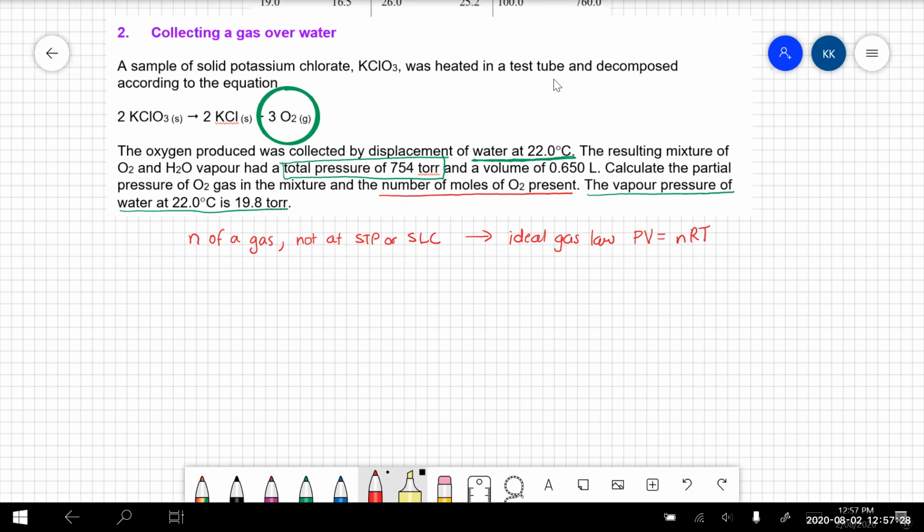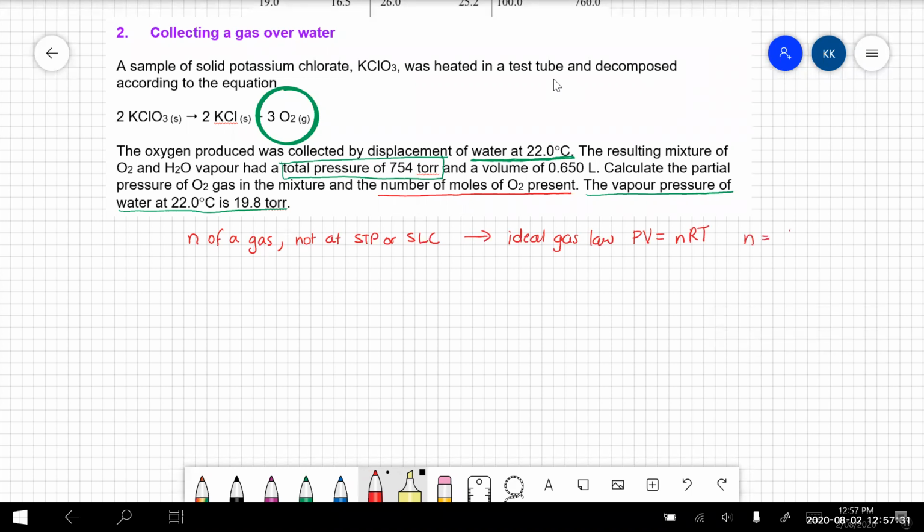Now, number of moles is what we're after. So we want moles is equal to PV over RT.